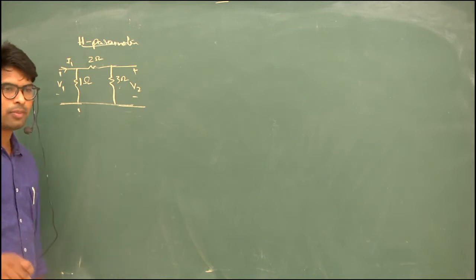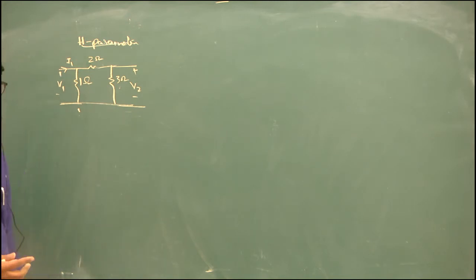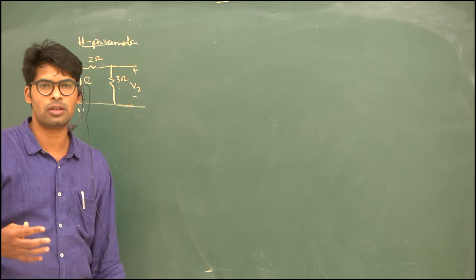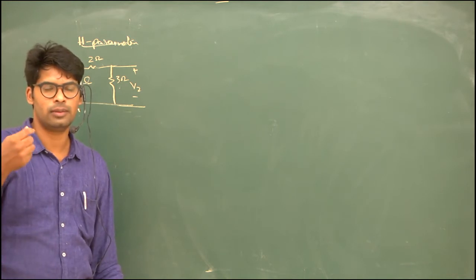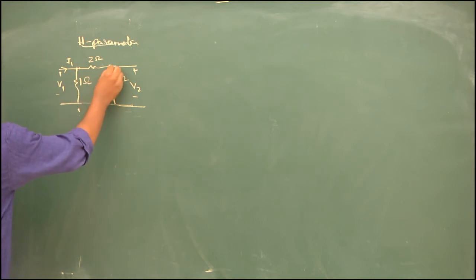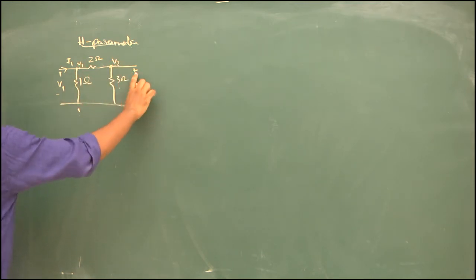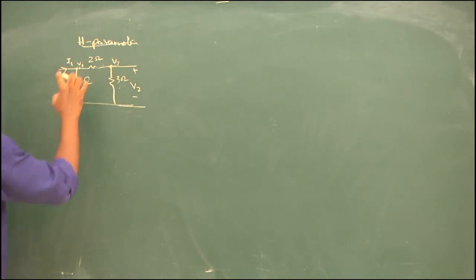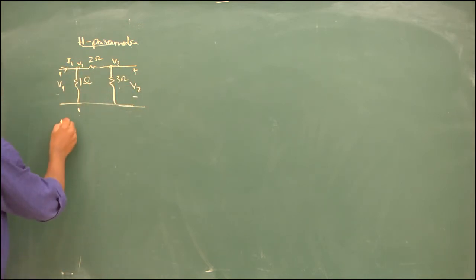So as I said from the beginning, if you see a pi circuit, we are in a position to find Y parameters. Here this is node 1 and this is node 2, voltage V2 is acting here and voltage V1 is acting. So we will apply KCL at node 1.